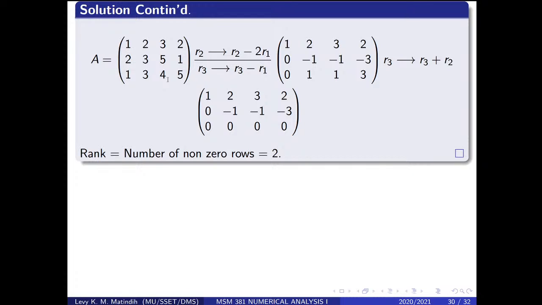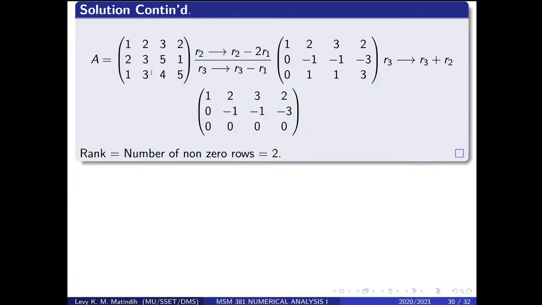Matrix A is a 3x4 matrix. To make it an upper triangular matrix, we need to make the first entry of row 2 zero, and also the first and second entries of row 3 zero.